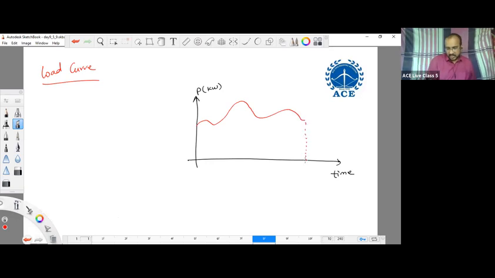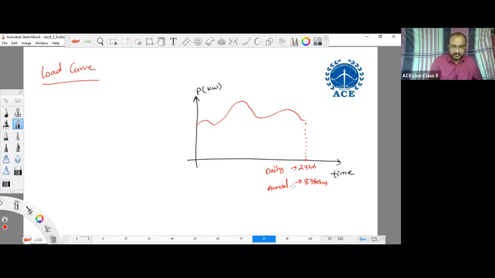If you are drawing for 24 hours, it will be a daily load curve. If you are drawing for a month, 24 into 30 days, or for 8760 hours, it will be an annual load curve. From the daily load curve, you can get the monthly load curve, and from the monthly load curve, we can plot the annual load curve.